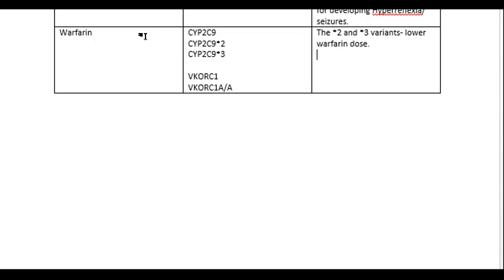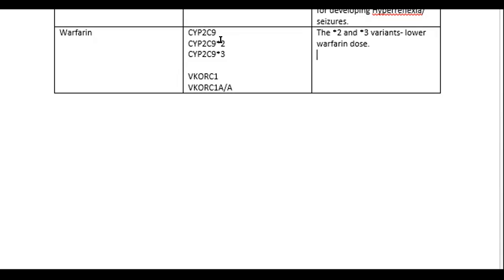So, warfarin is being metabolized by these enzymes. In case of a mutation in this, it won't work properly. For example, in case of slow metabolizers, their warfarin concentration will be increased.